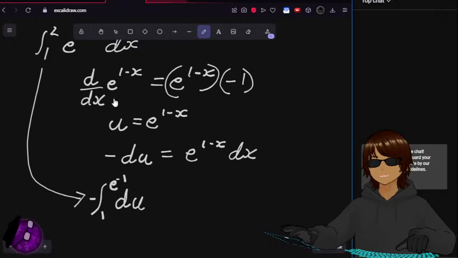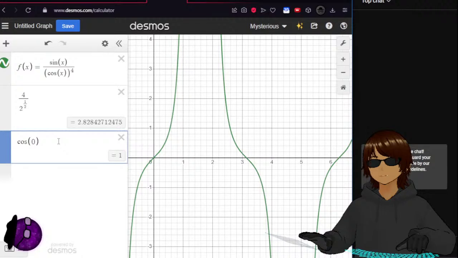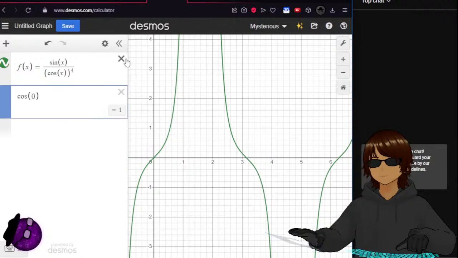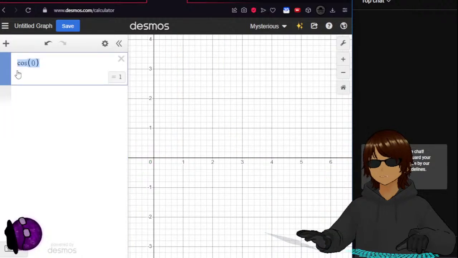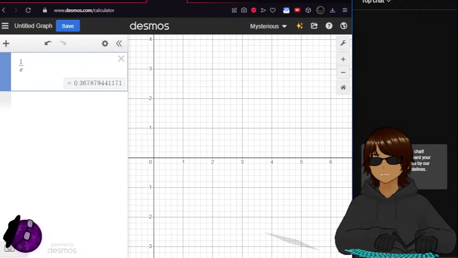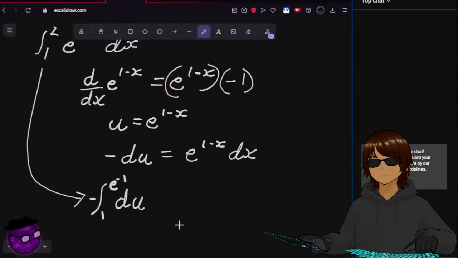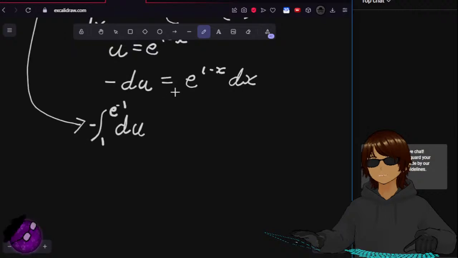But hold on, 1 over e, 1 is bigger than e to the power of minus 1. Let's see what I get.